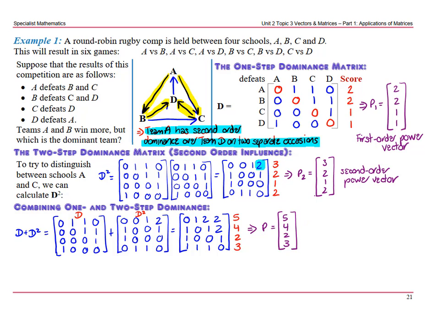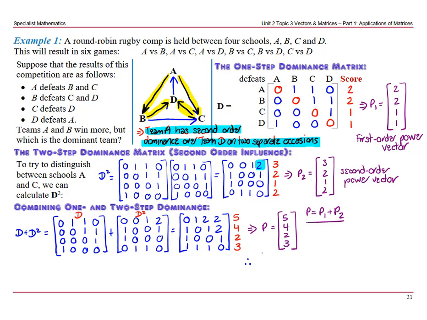And you'll also see that P equals P1 plus P2. If you go back, 3 plus 2 is 5, 2 plus 2 is 4, 1 plus 1 is 2, 2 plus 1 is 3. So now we have our ranking.